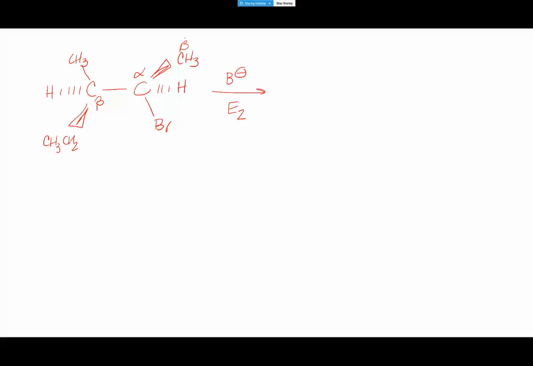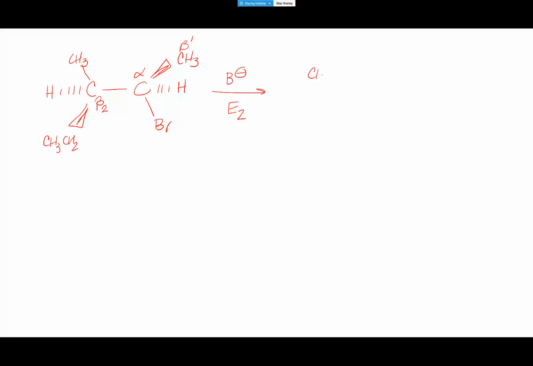Okay? Now, that means I could get two products from this reaction. In other words, if this is beta carbon 1 and this is beta carbon 2, I could have this B minus come in and attack beta carbon 1, or remove beta hydrogen 1, and form the double bond up there.